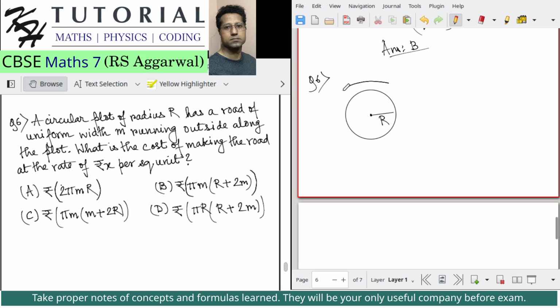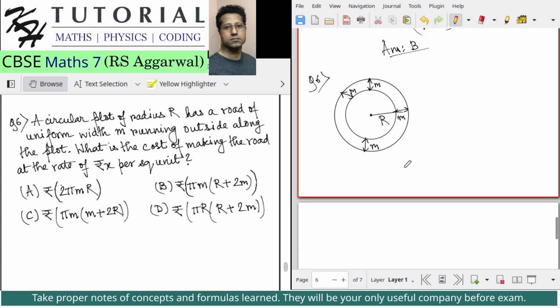So the road will be like this, and this is capital R. All these widths are uniform, which is small m. So this must also be small m.